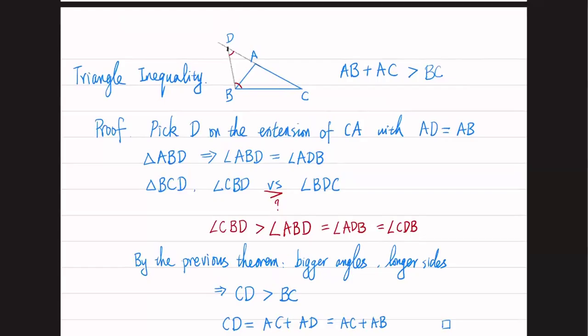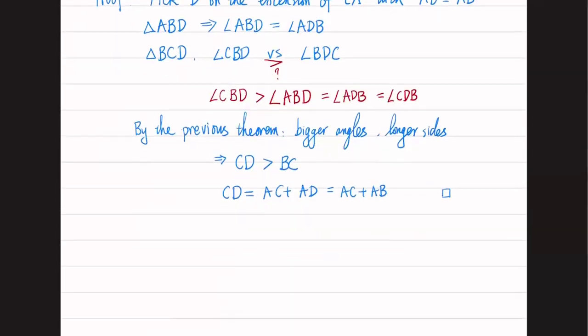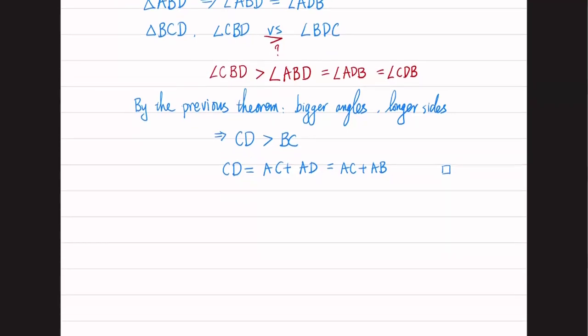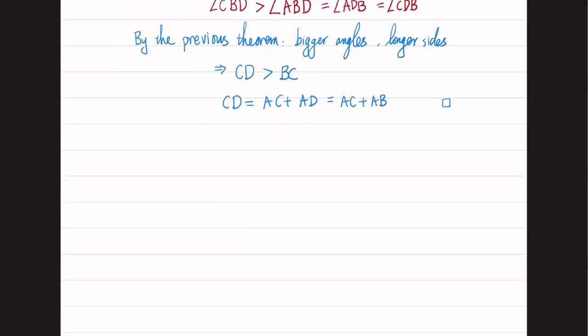We used the theorem we just proved that bigger angles, longer sides in a triangle. Okay. This is only true for triangles. If we go to quadrilaterals or shapes with more edges, it's not true. Okay, now next, let's consider another application of this triangle inequality.